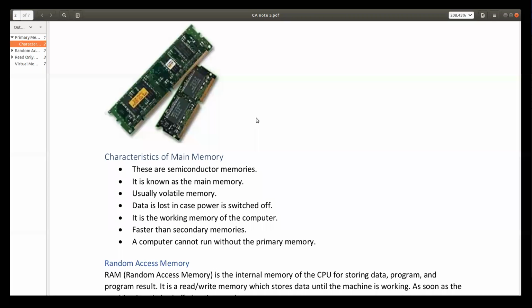The answer will be no. The answer will be a big no. It cannot run. So your computer system may run without secondary memory, but it cannot run without primary memory. So these are the characteristics of main memory. Okay.